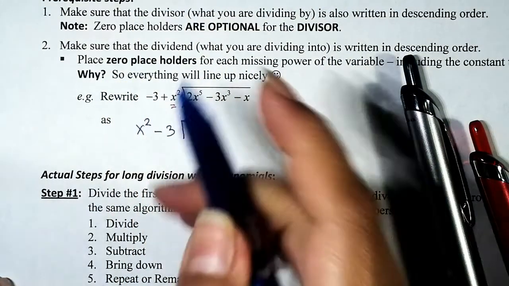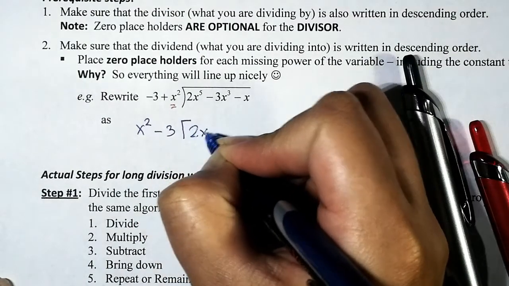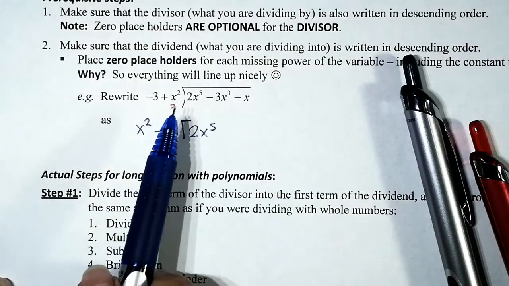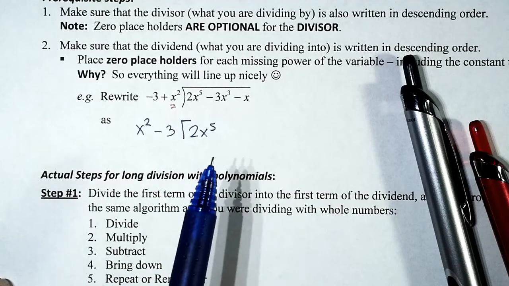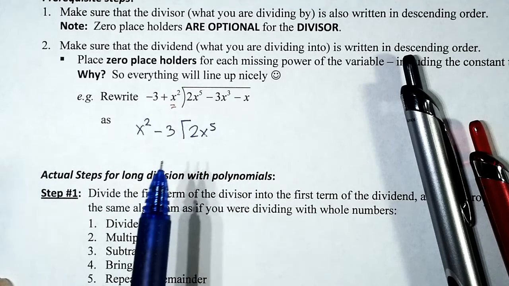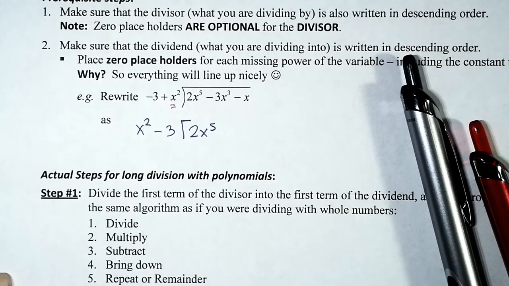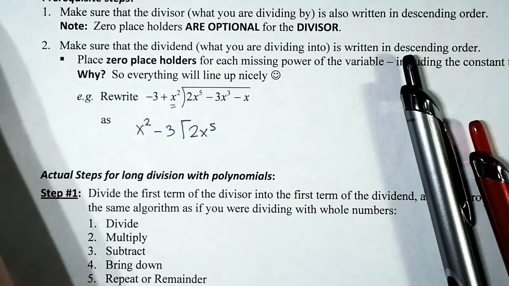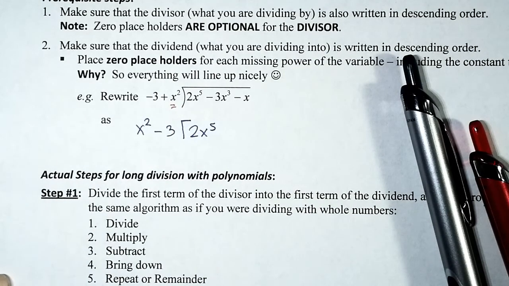We have our x to the 5th, but we don't have an x to the 4th, so we're going to use what we call a 0 placeholder. We call it that because we use the number 0 to reserve the place of the missing power of the variable.